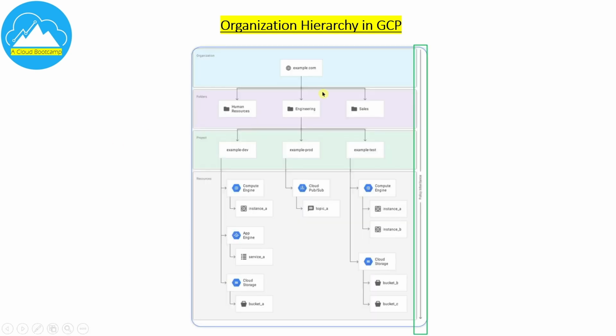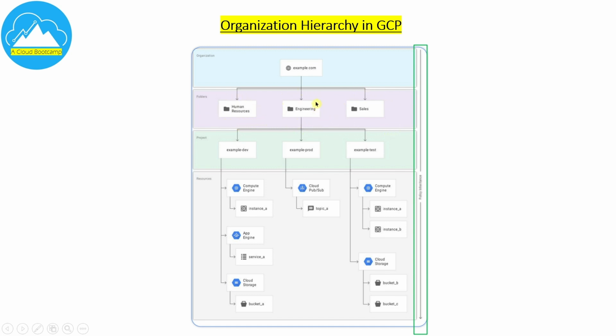For example, this is an organization like example.com or HCL.com, anything you can consider. This company may have folders, like one folder for human resources HR, one for engineering, and one for sales.